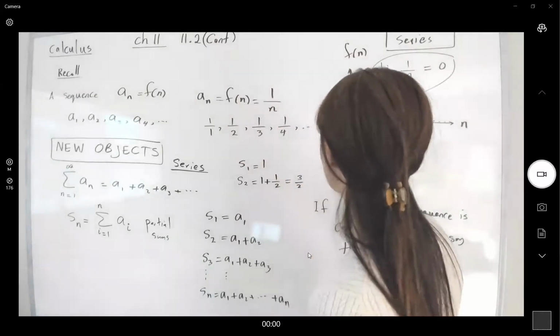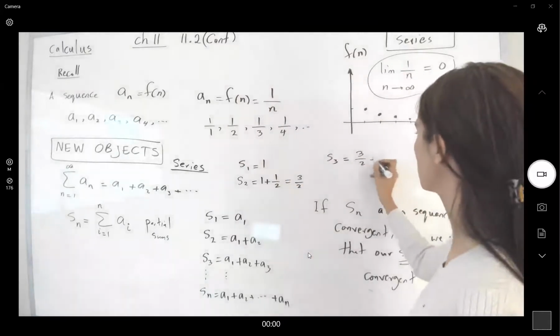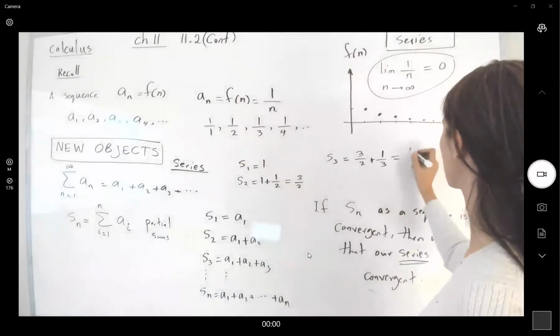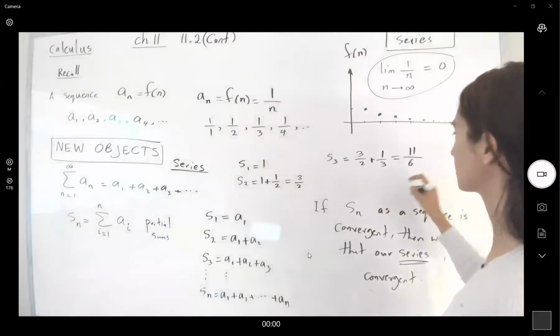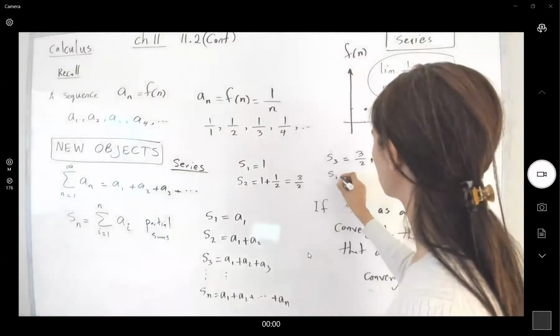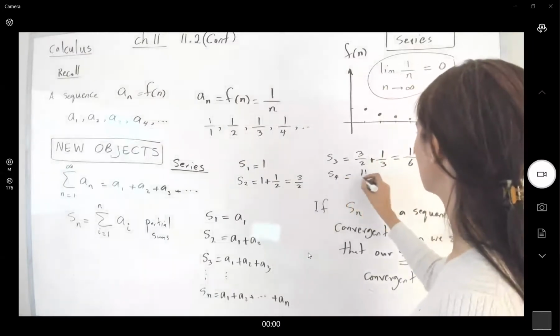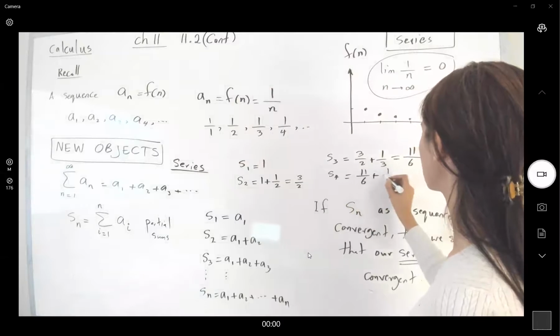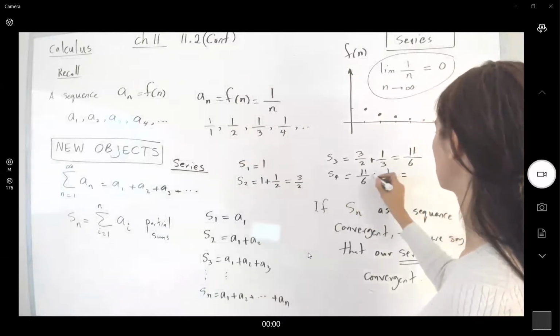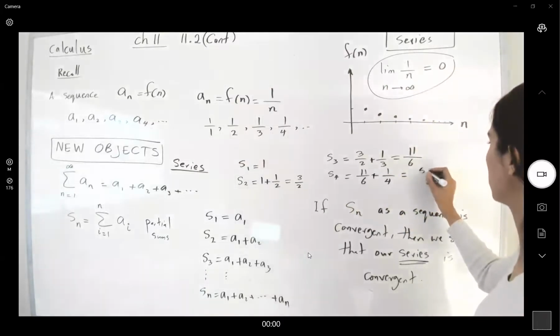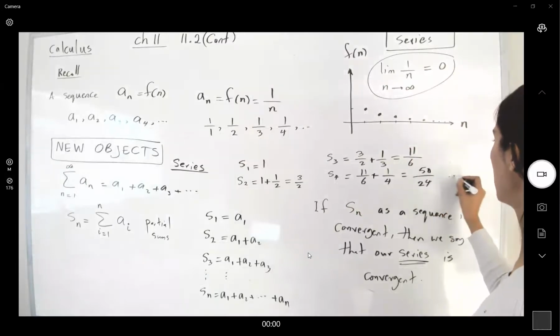S sub 3 is equal to 3 halves plus a third, 11 over 6. Last time I made some mistakes here. Then S sub 4 is 11 over 6 plus 1/4, which is equal to 50 over 24, and so on.